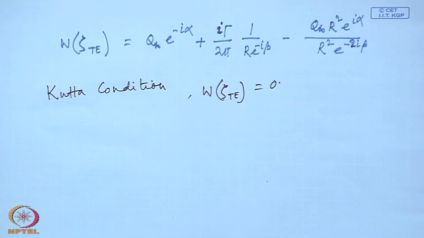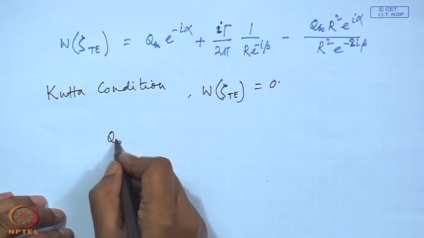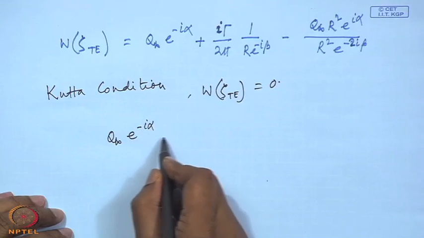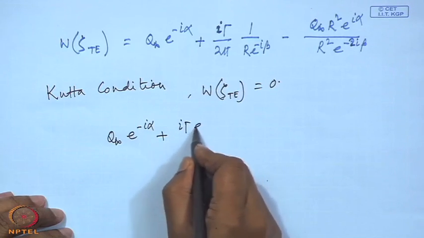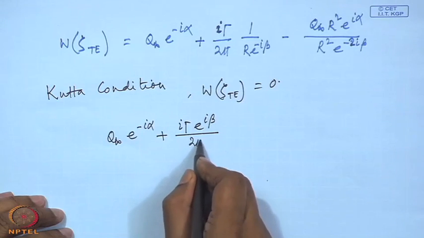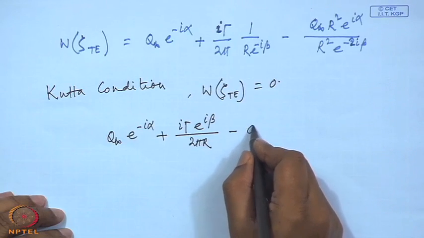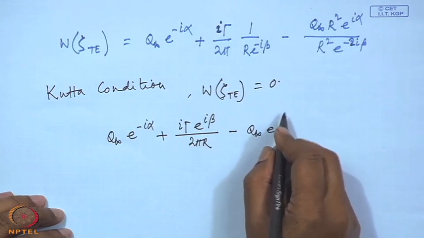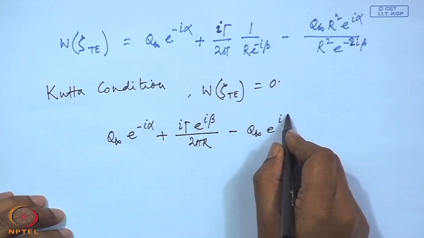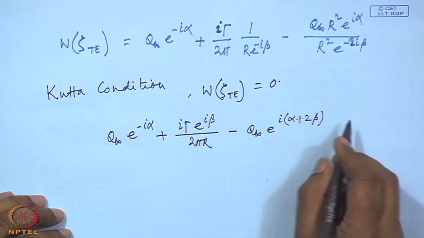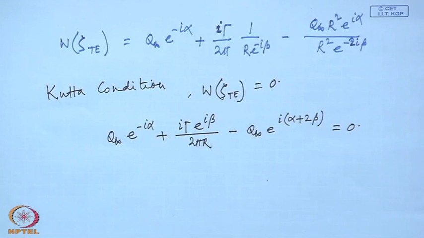So, what do we get? Q infinity e to the power minus i alpha plus... so how much is gamma?